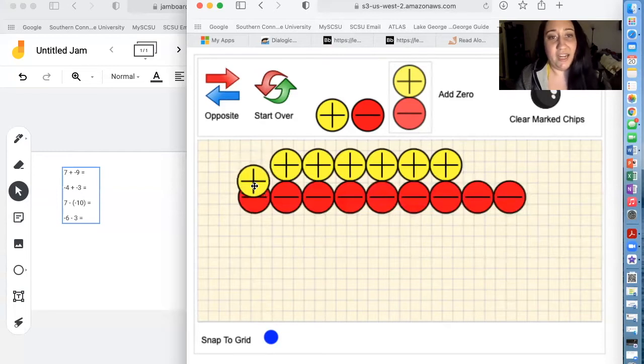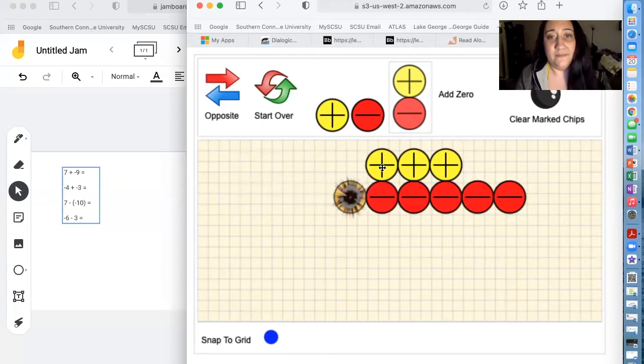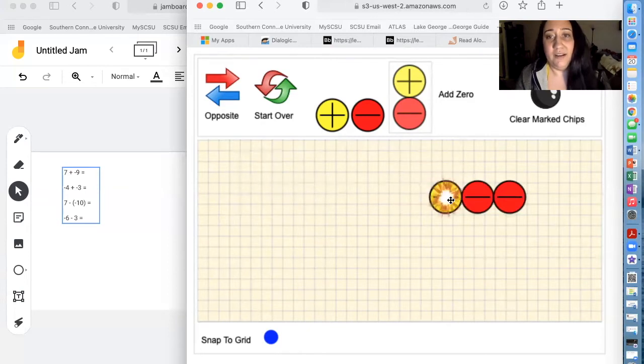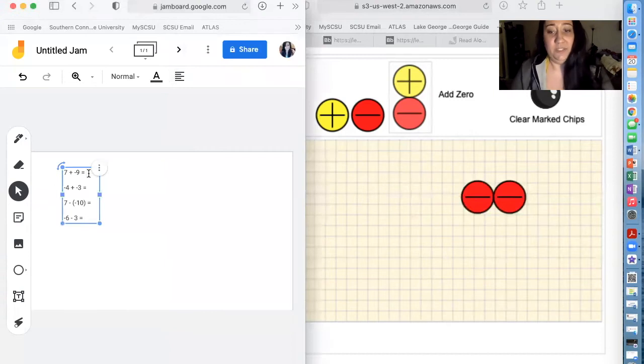So we can go ahead and drag them over, get rid of all of these 0 pairs. One more. Now all we're left with is -2. So 7 plus -9 equals -2. Awesome.